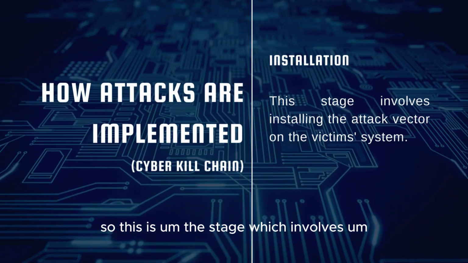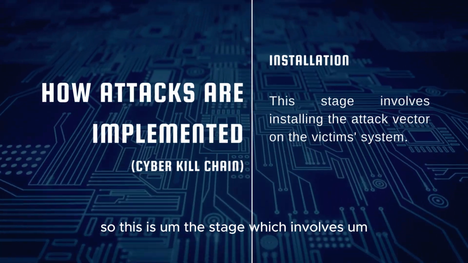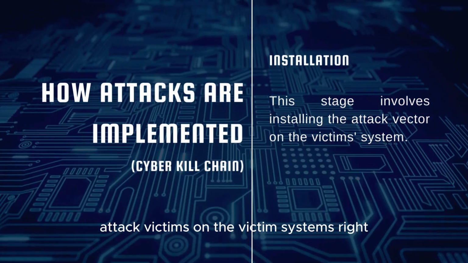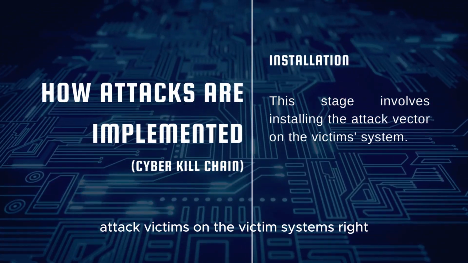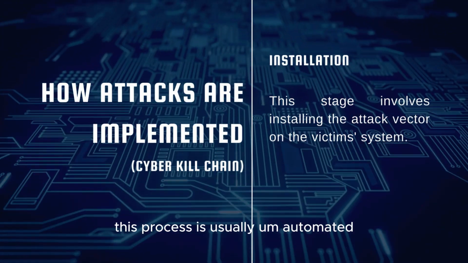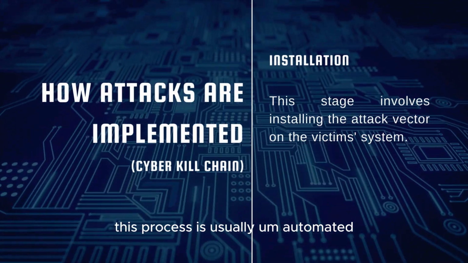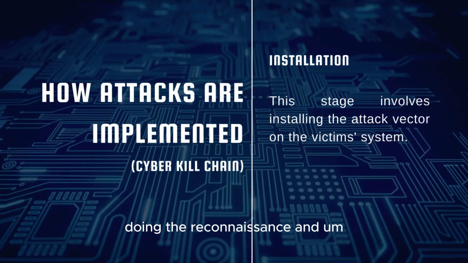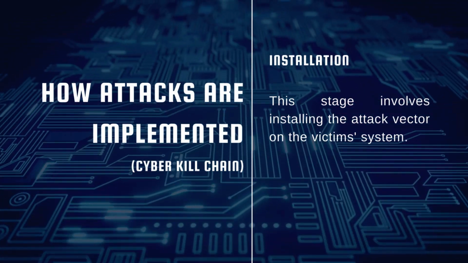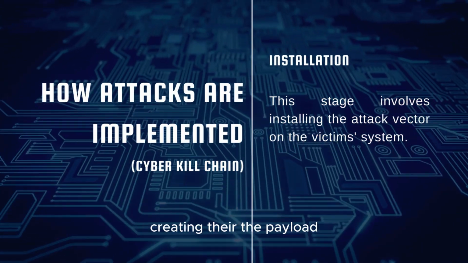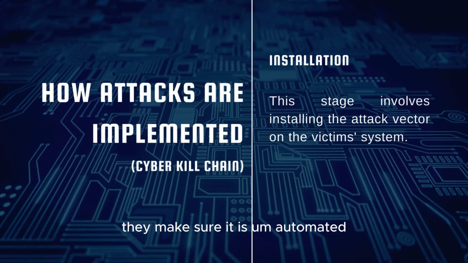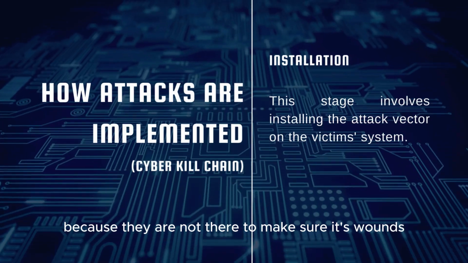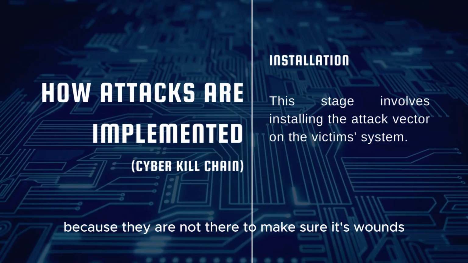So this is the stage which involves installing the attack vectors on the victim systems. Right. This process is usually automated. So when they are doing the reconnaissance and creating the payload, they make sure it is automated because they are not there to make sure it runs.